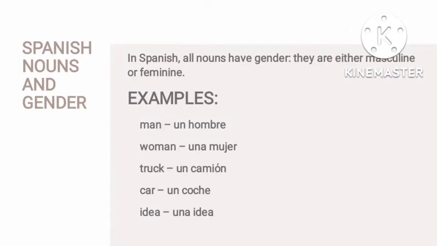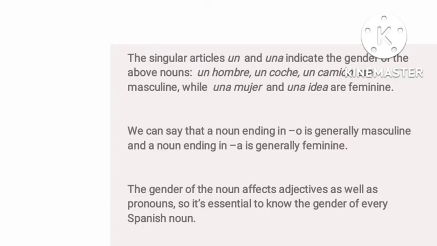In addition, Spanish has gender. In Spanish, all nouns have gender. They are either masculine or feminine. Here are some of the examples. The singular articles un and una indicate the gender of the above nouns.